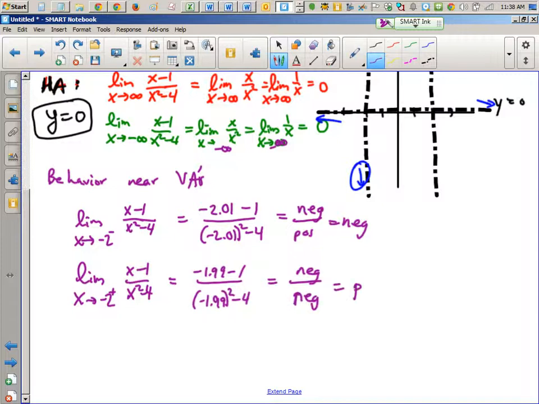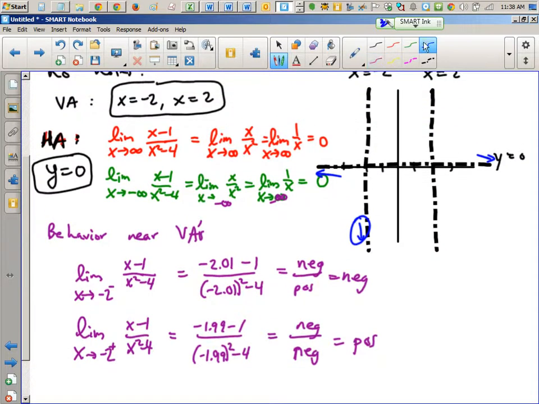And I'm getting negative over negative, which is positive. I'm getting negative 2.99 on top, and something slightly negative on the bottom there. Something less than 4, take away 4. Okay, that tells me that I've got an up arrowhead just on the other side of that asymptote. See? So now I'm done with my first VA.